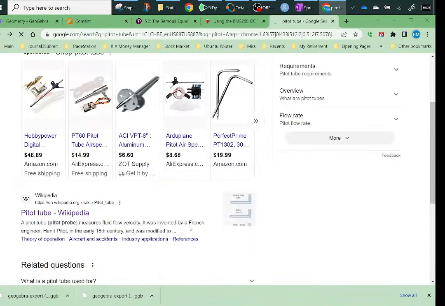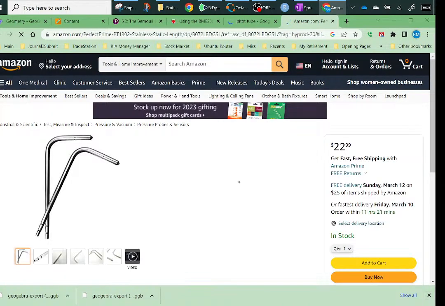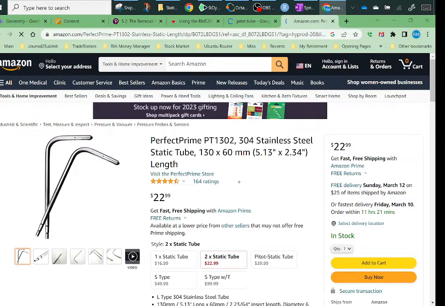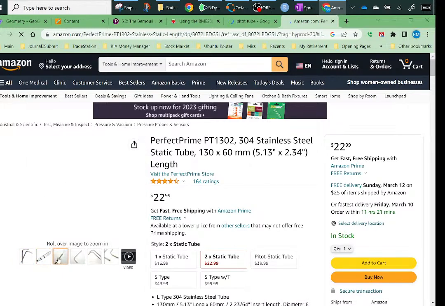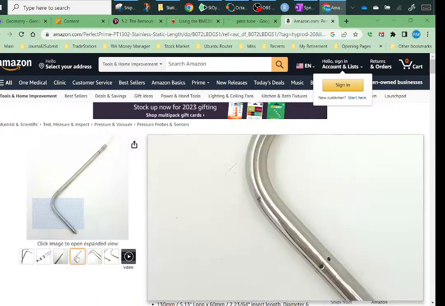Let's see. There's a pitot tube for $19. I don't know how big it is. Oh, well, it tells me how big it is. It's a stainless steel tube, 5 by 2. I don't know how this is measured. I'm assuming 5 is this distance this way, and the 2 is the distance that way.